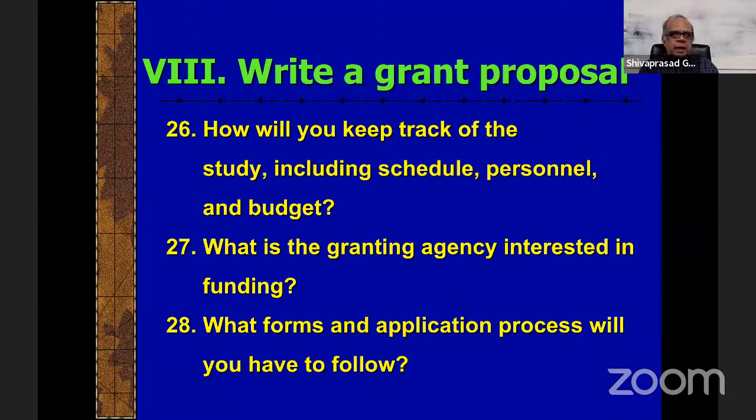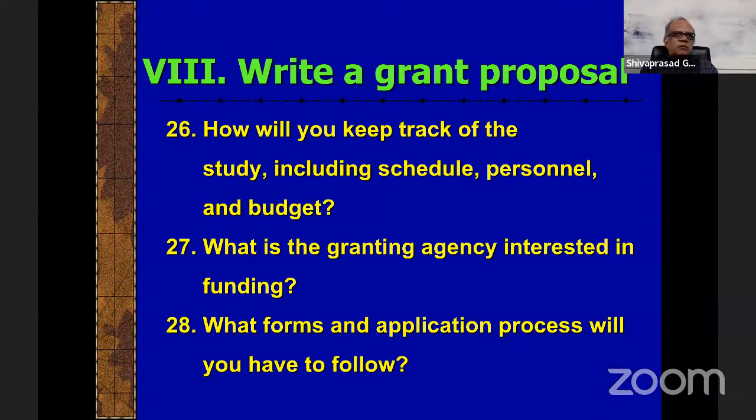And each grant proposal has to be customized to the requirement of the funding agencies in terms of what kind of forms and applications you'll have to go through, including for ICMR. And in this digital era, all these forms and applications are available online from the funding agency.